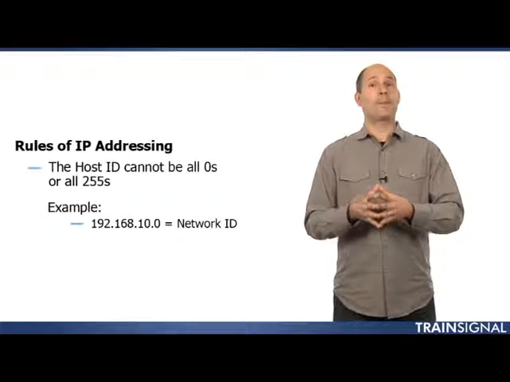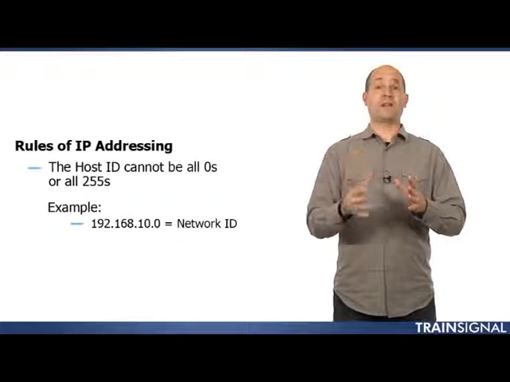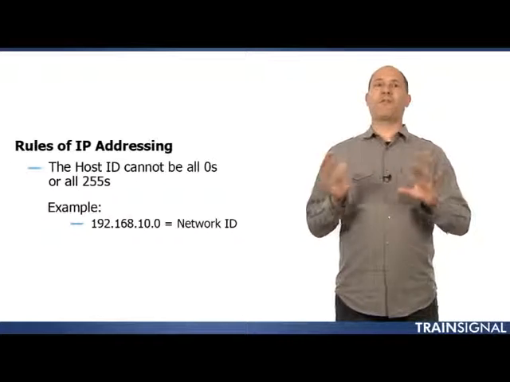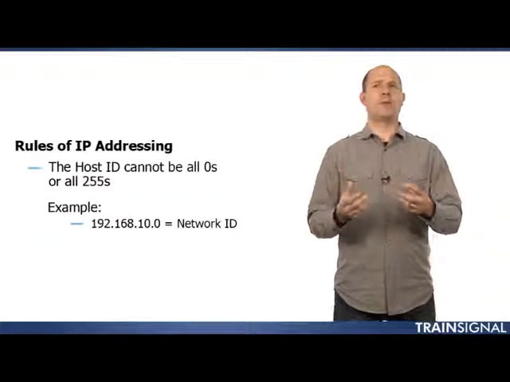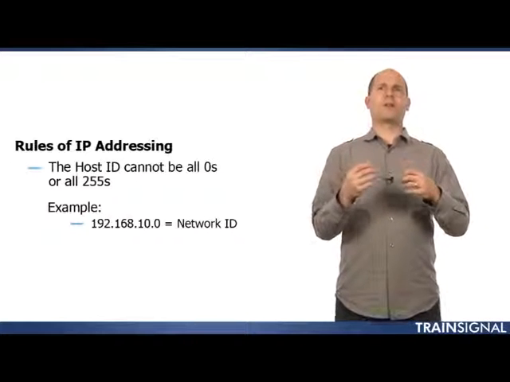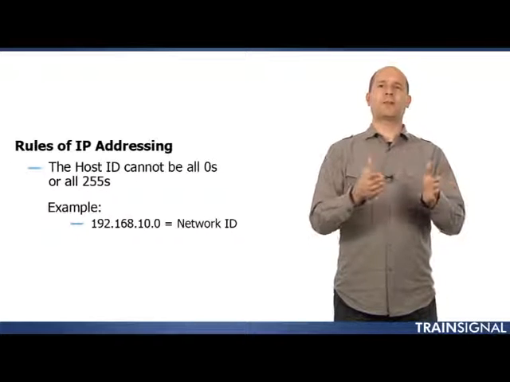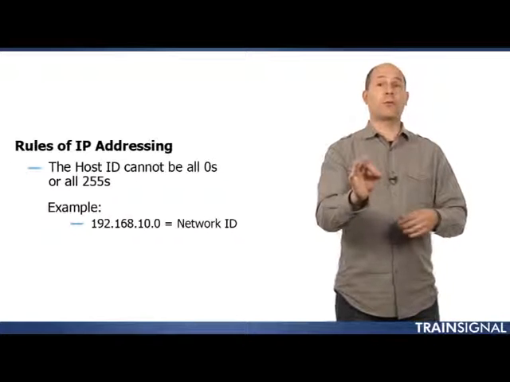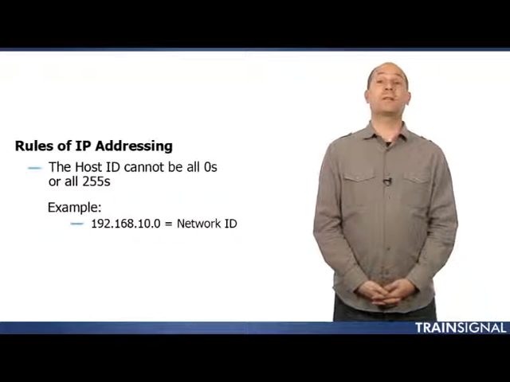192.168.10.0, okay, and we're using a subnet mask of 255.255.255.0, and I apologize, there's extra pieces of information coming from other lessons if you're not familiar with all of this, to really bring this all together. But the point is, if the network ID is 192.168.10, because of the 255s, then the 0, which is your host ID, is not a valid IP address.